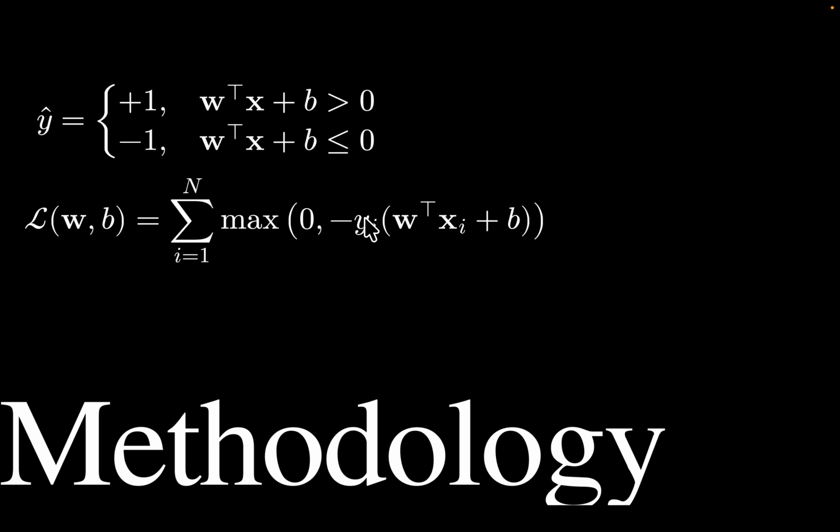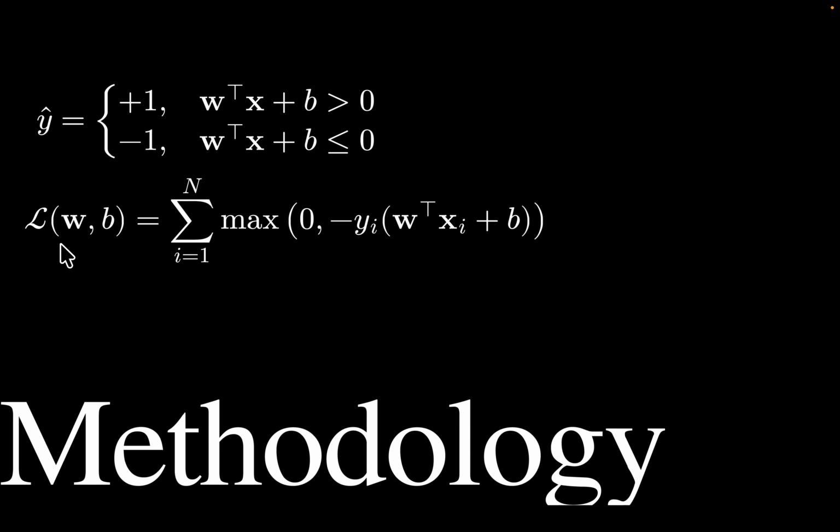Let's say that our model has predicted a value correctly. So let's say y_i is 1, and as it's predicted correctly, this thing is greater than 0. So this product is positive, but with the minus, it's negative. When you take the maximum, it's 0.